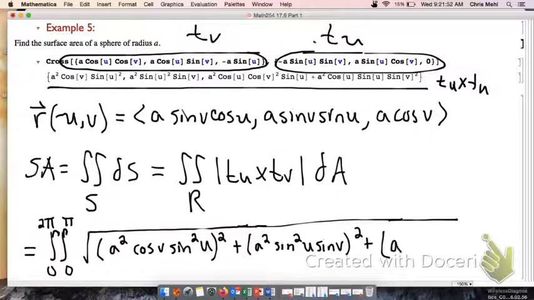So this would just be an a squared cos u cos v squared. Oops, I don't want that going on the whole thing. Erase. And then this is supposed to be du dv.